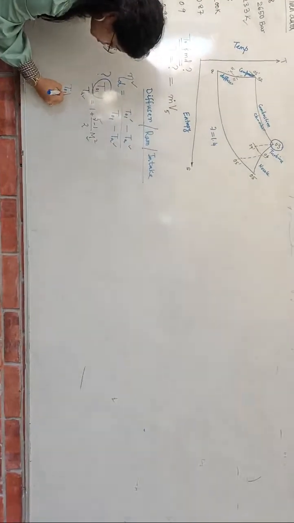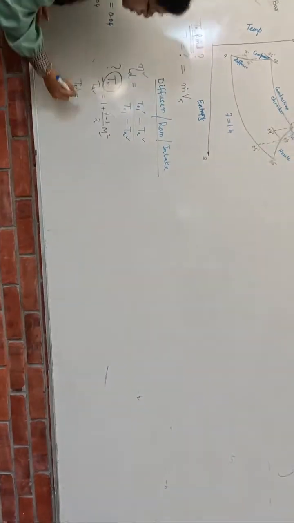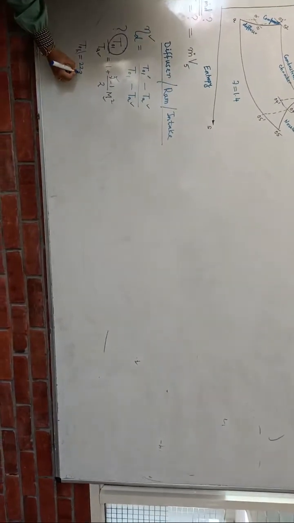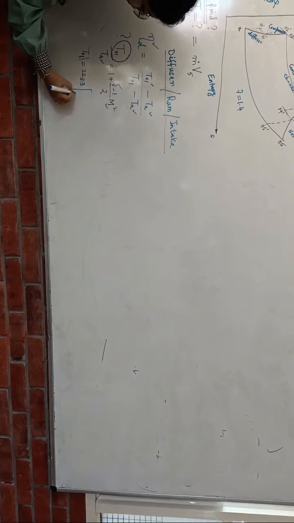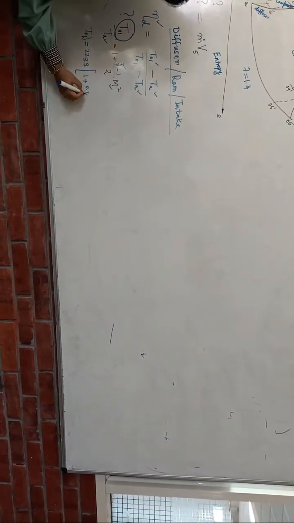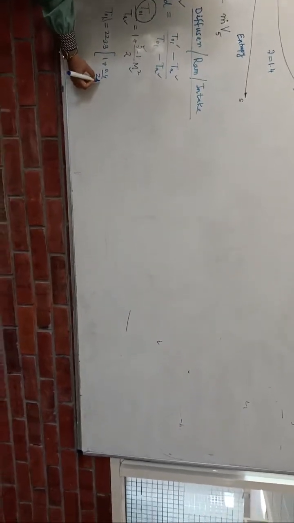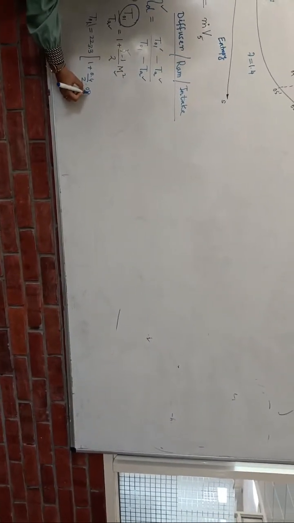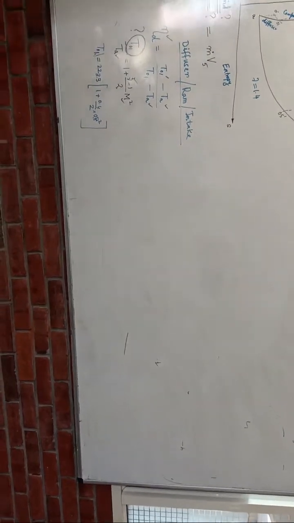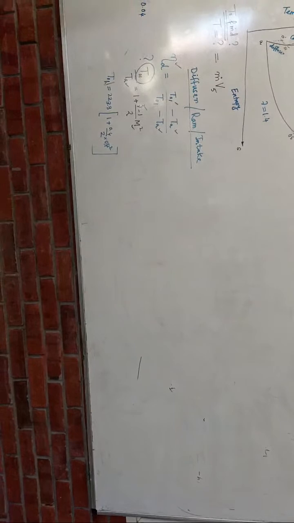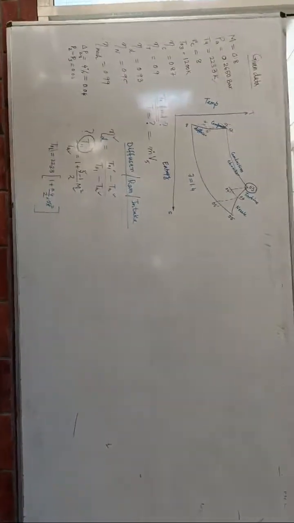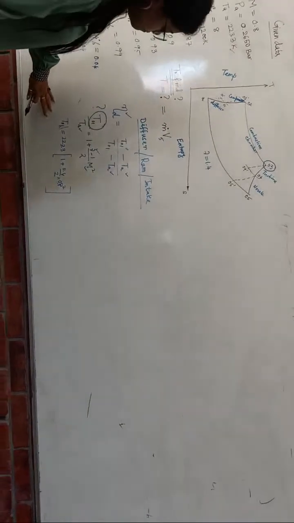So if I substitute all the values, T01 equals TA, which is 223.3, times 1 plus 0.4 by 2 times Mach number 0.8 squared. Quickly find out and tell me the answer. Any confusion till here?